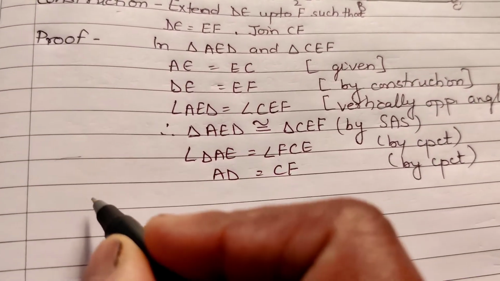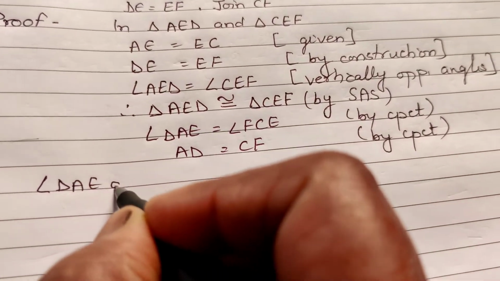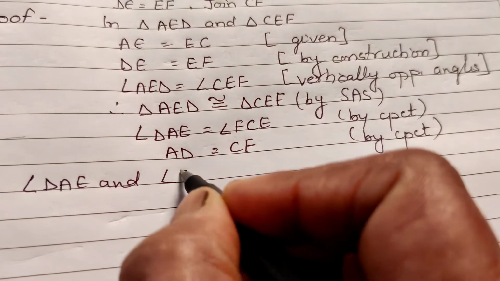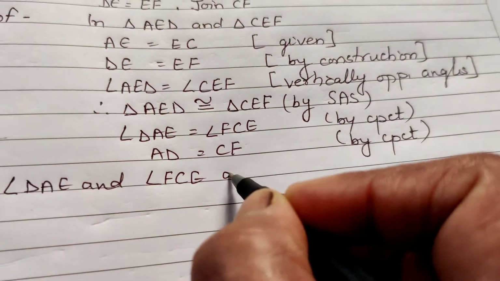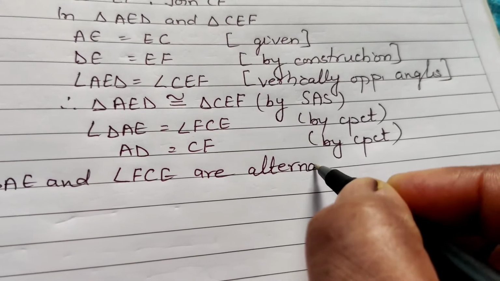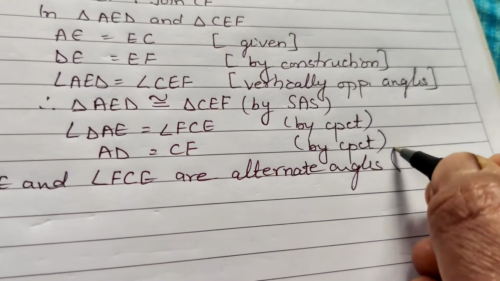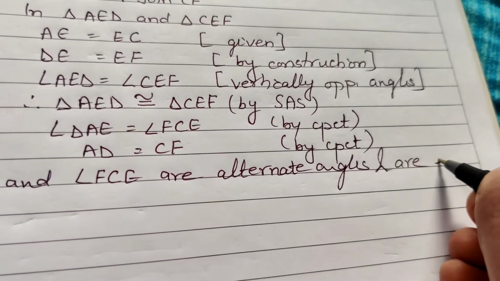Okay, angle DAE and angle FCE are alternate angles and are equal.